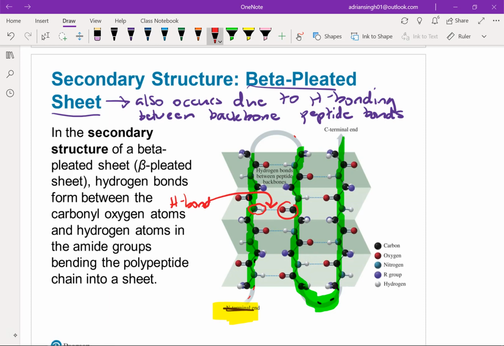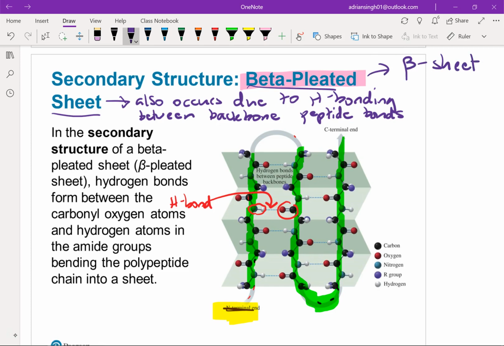And that keeps this serpentine structure intact. The specific shape that it adopts is like a sheet that's puckered, or it looks like a zigzag shape. That's known as a beta pleated sheet, and the symbol for beta looks like that.